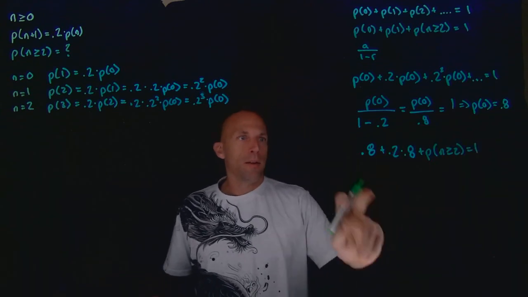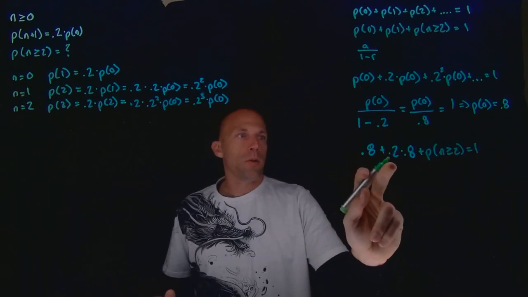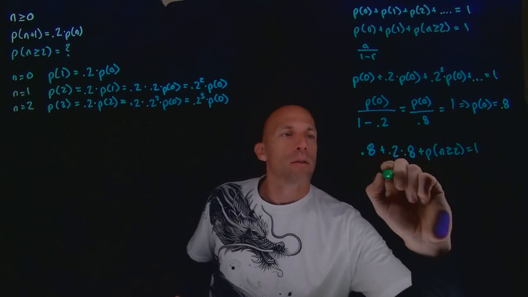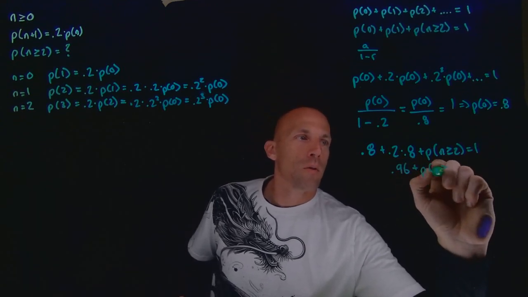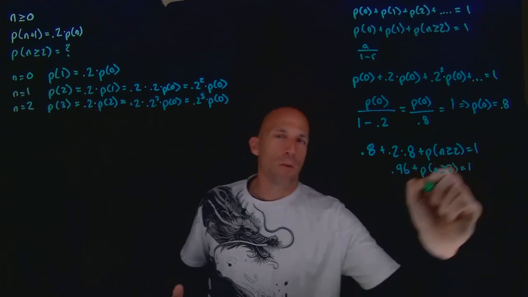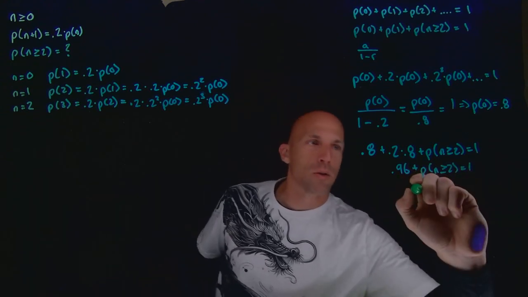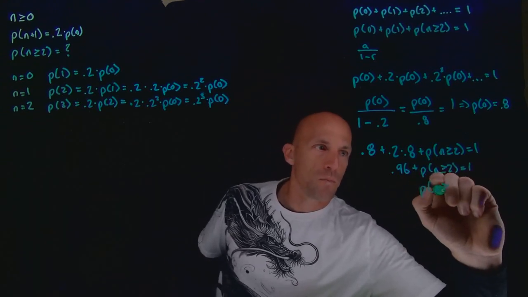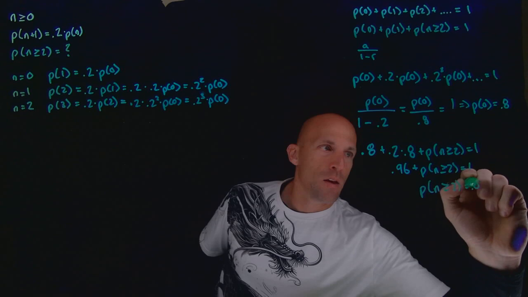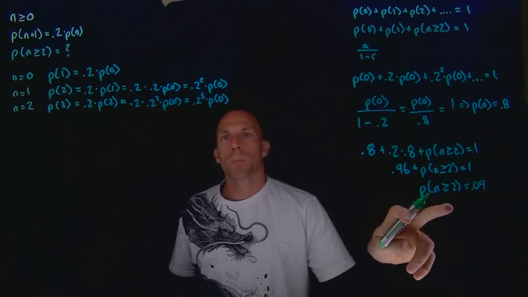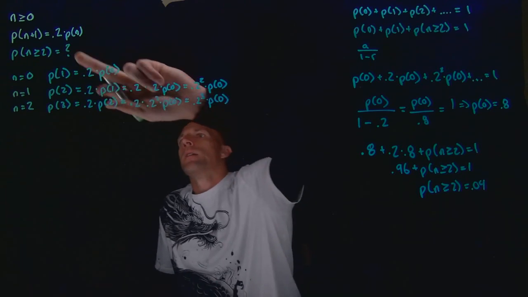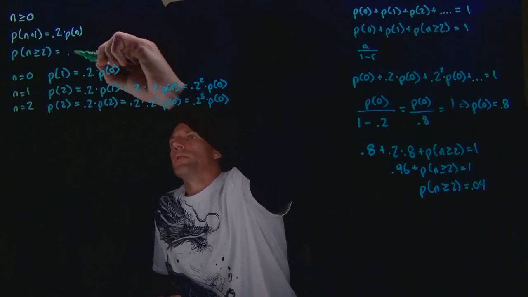That equals 1. 0.8 plus 0.2 times 0.8 is 0.96. And finally, subtract 0.96 from both sides. The probability of more than one claim, or two or more claims, is going to be 0.04.